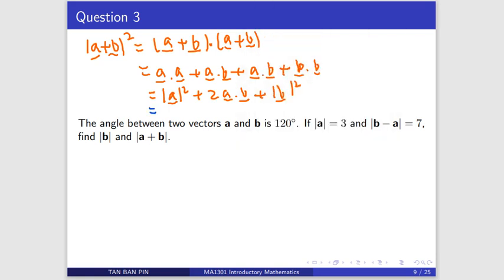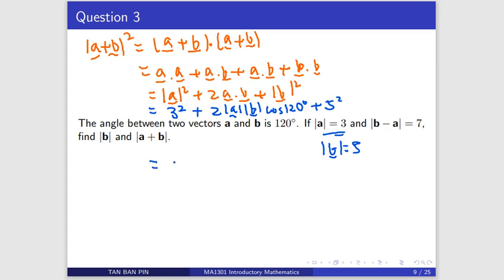The magnitude of A is given to be 3. The magnitude of B we just found is 5. So this will become 3 squared plus 2 A dot B, which is 2 times the magnitude of A, times the magnitude of B, times cosine 120 degrees, plus the magnitude of B squared, which is 5 squared.